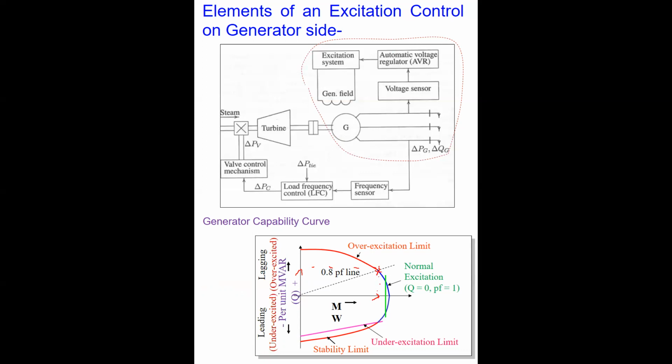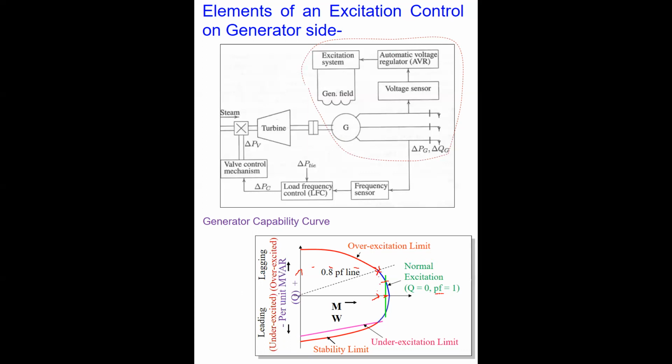Then on the capability curve, at this point reactive power is zero, Q is zero, and this will be achievable when you have power factor unity, and that refers to normal excitation for the synchronous generator.